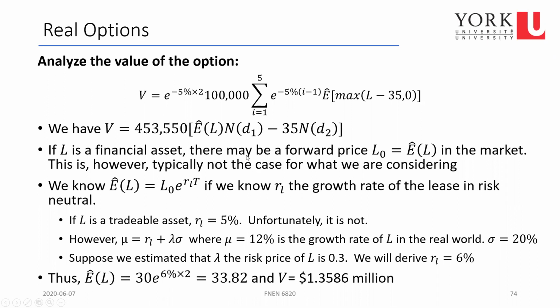Then you will see that in this case the option is worth 1.3586 million, which in this case shows that it is actually a good option to take, because they charge you $1 million for something that we believe is worth 1.3586 million. So that basically turns a business decision into a financial product valuation problem.